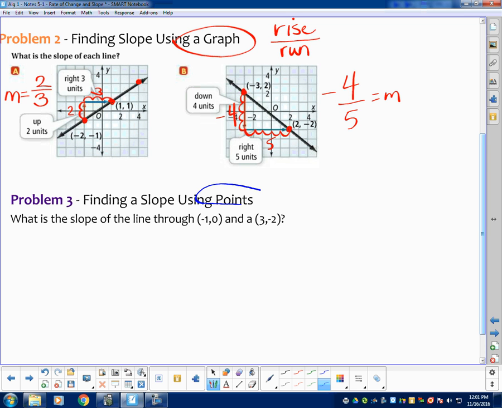If we have only points and no graph, what do you think we're going to use? The formula, right?